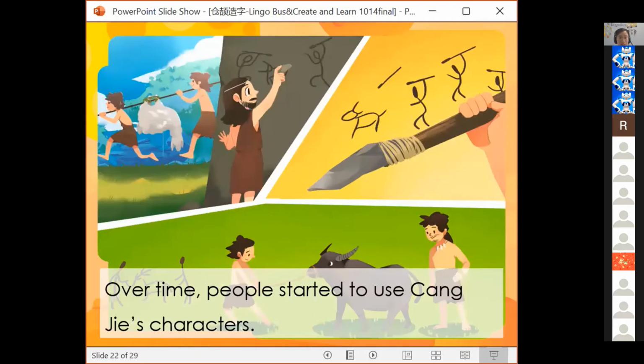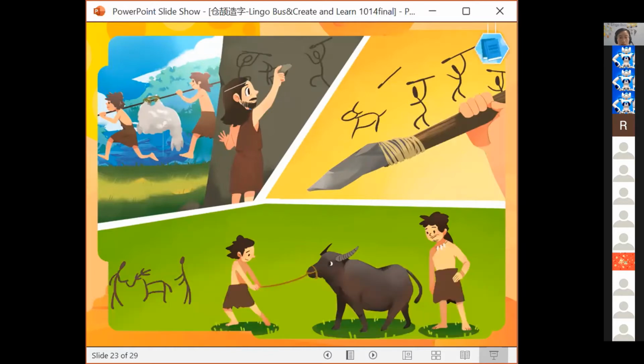Good news. Over time, people started to use Changjie's characters. Let's look at the pictures on the top. Could you please tell me what Changjie wrote down on the top? What did Changjie write down?